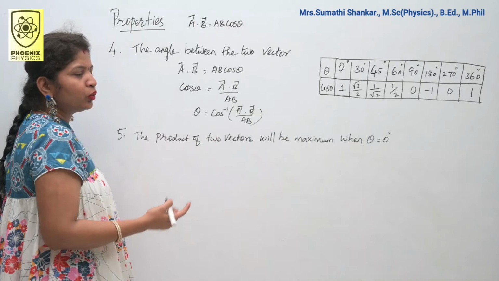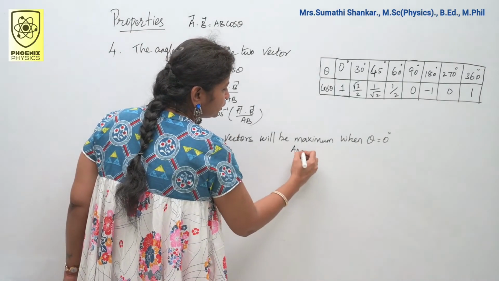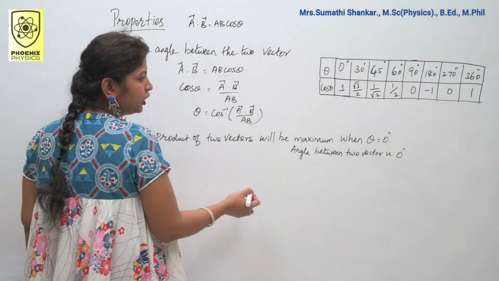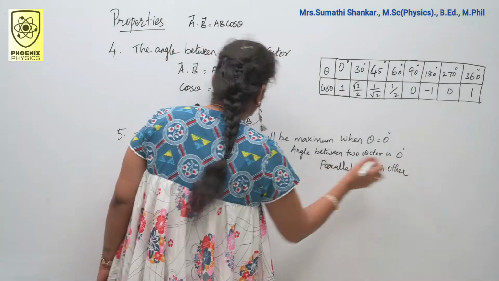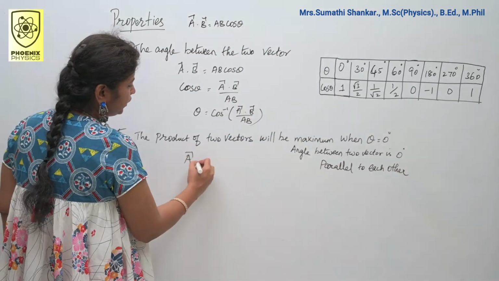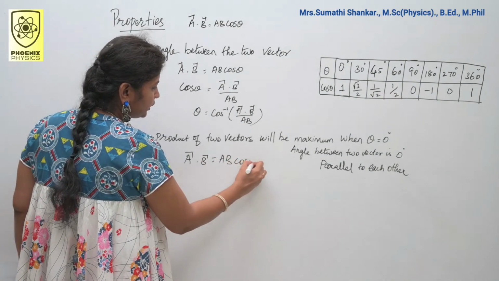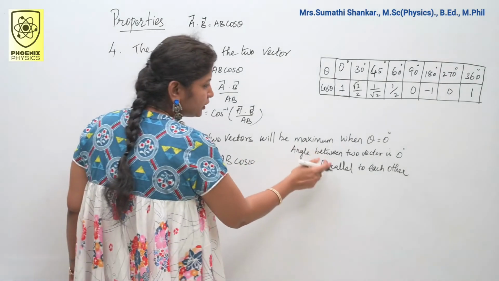Then fifth property, the product of two vectors will be maximum when theta is equal to 0 degrees. When theta is equal to 0, what is the meaning? The angle between the two vectors is 0 degrees, or we can say both vectors are parallel to each other. You know the formula, A dot B is equal to AB cos theta. Here theta is 0 degrees because both vectors are parallel.